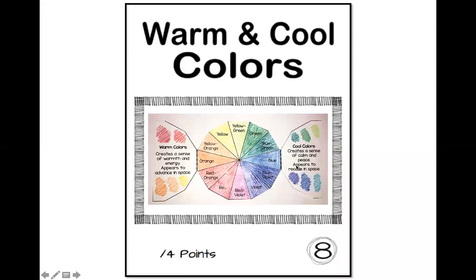Then you are going to color and scribble what the cool colors are on this side. Then on this side, you're going to color and scribble what the warm colors are. If you do not remember, just look at my mouse and go halfway down right here. This half is the warm and this half is the cool.